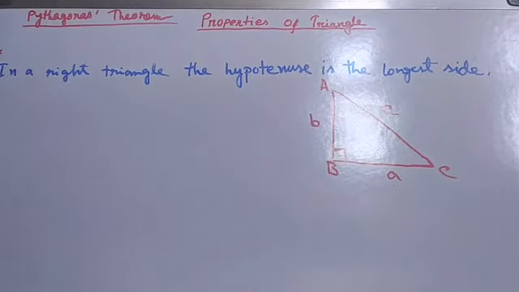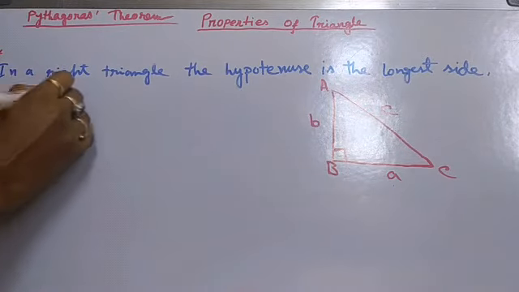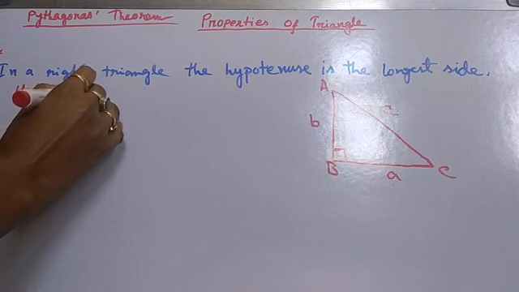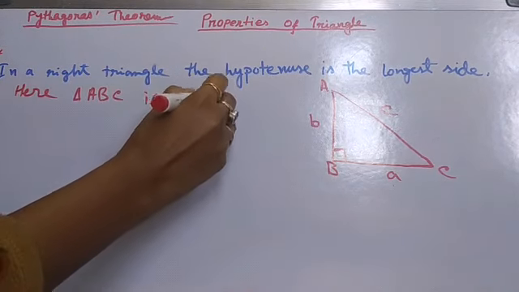So this is the hypotenuse, and the three sides I have taken are A, B and C. Next we'll prove that the hypotenuse is the longest side in a right triangle. Here triangle ABC is a right triangle.